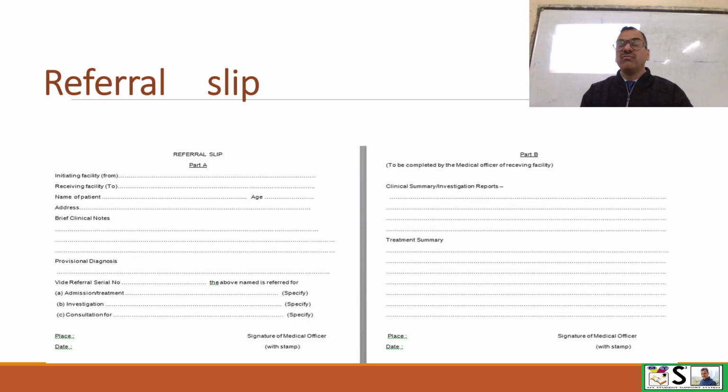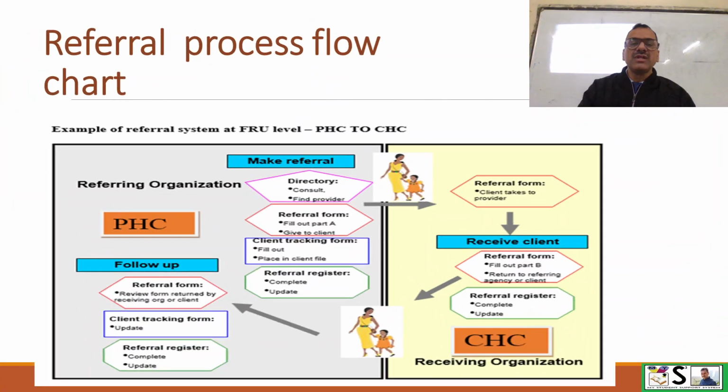After taking the services from the secondary referral unit, they will come to the first referral unit and then to the PHC. So this is the system by which the client should be referred and received. We can understand this from this flow chart, that this is the PHC and this is the CHC.